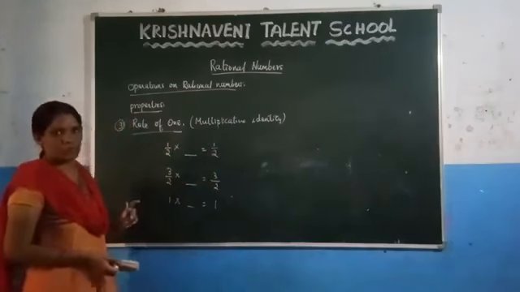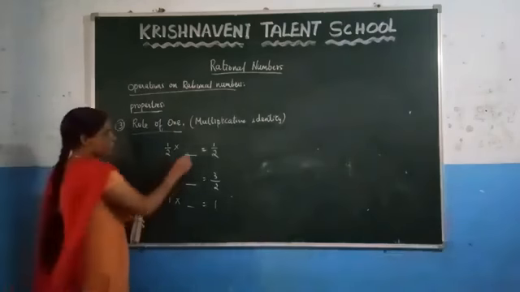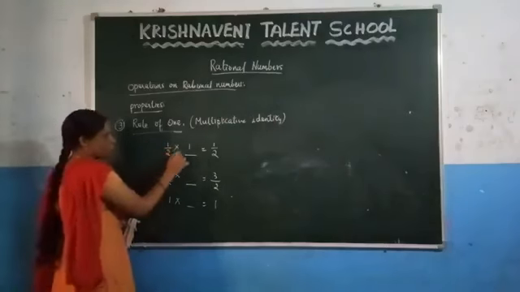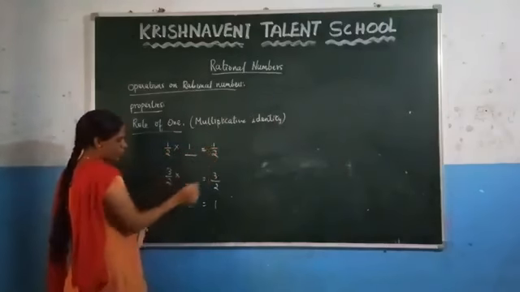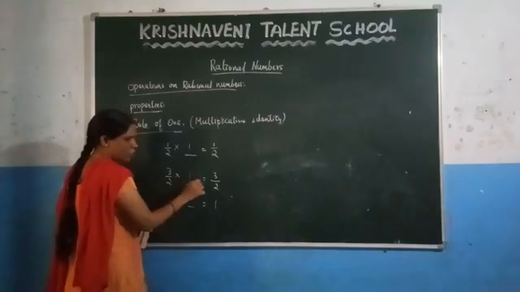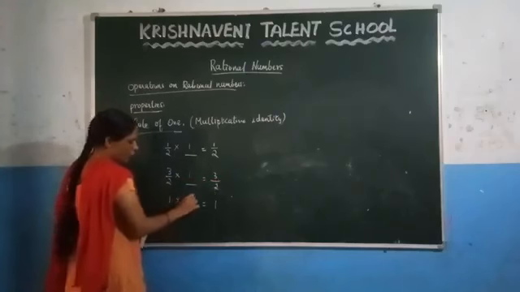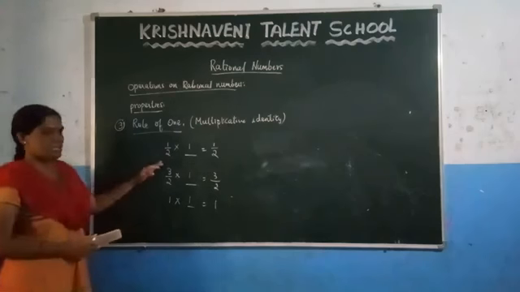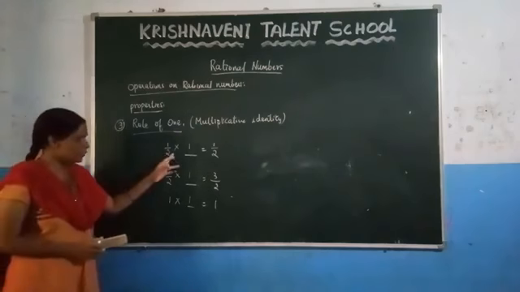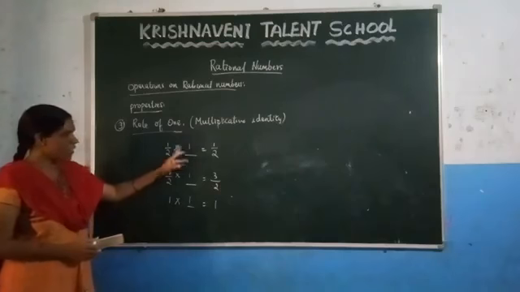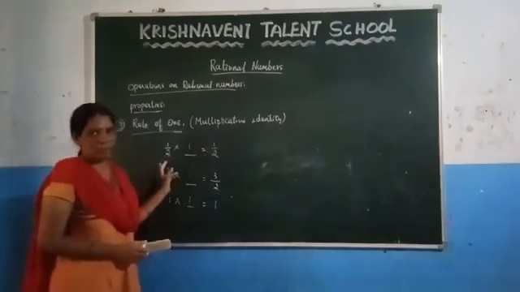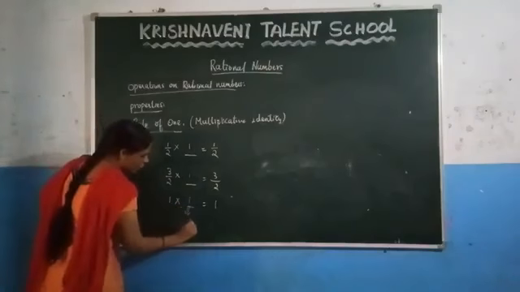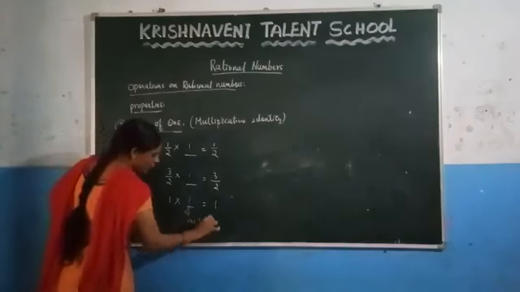What is that number? Clearly you can observe that such a number is 1. 1 by 2 into 1 is always equal to 1 by 2, and 3 by 2 into 1 is equal to 3 by 2. 1 into 1 is equal to 1. So if you consider any rational number and multiply it with 1, you are getting the same number as the result. That 1 we call a multiplicative identity.